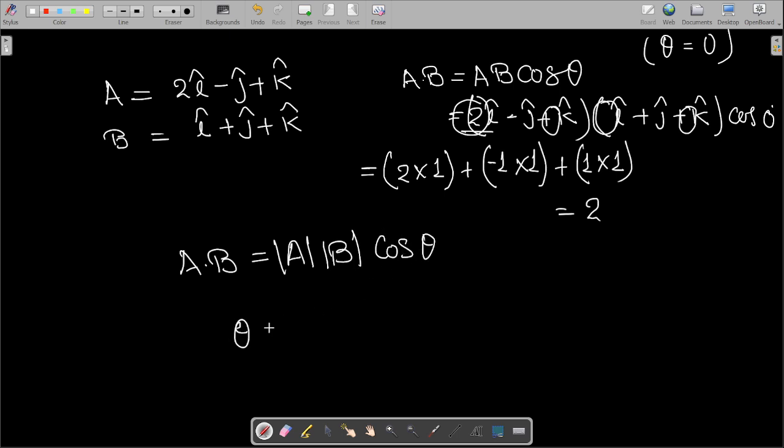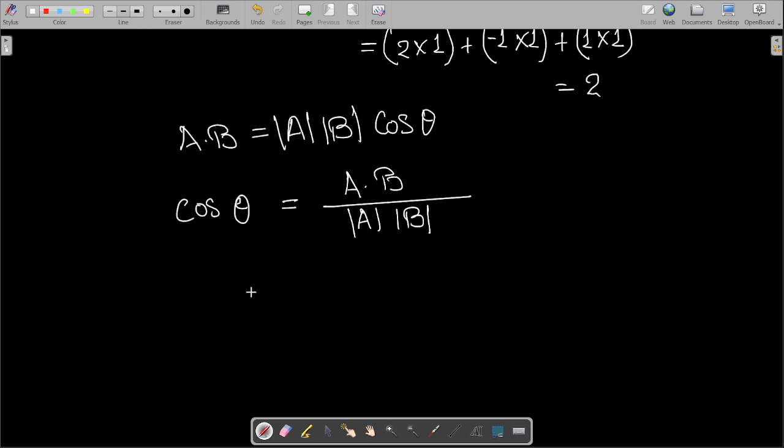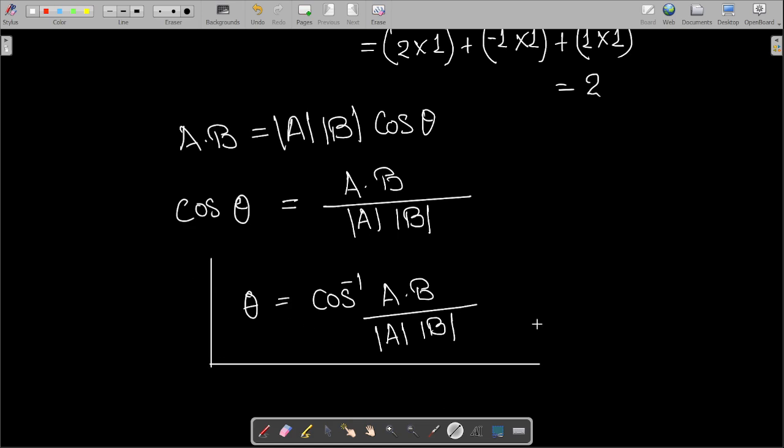What would theta be here? Cos theta would be a dot b upon mod a mod b. And the value of theta would be cos inverse of a dot b upon mod a mod b.